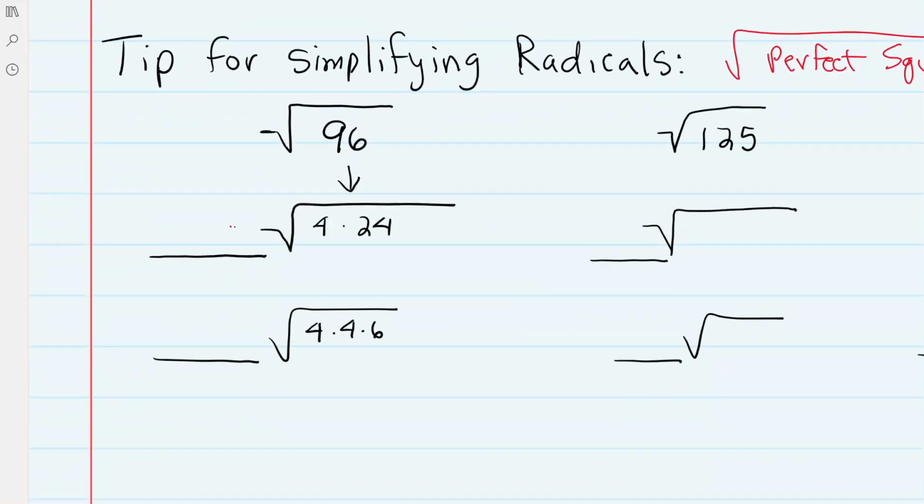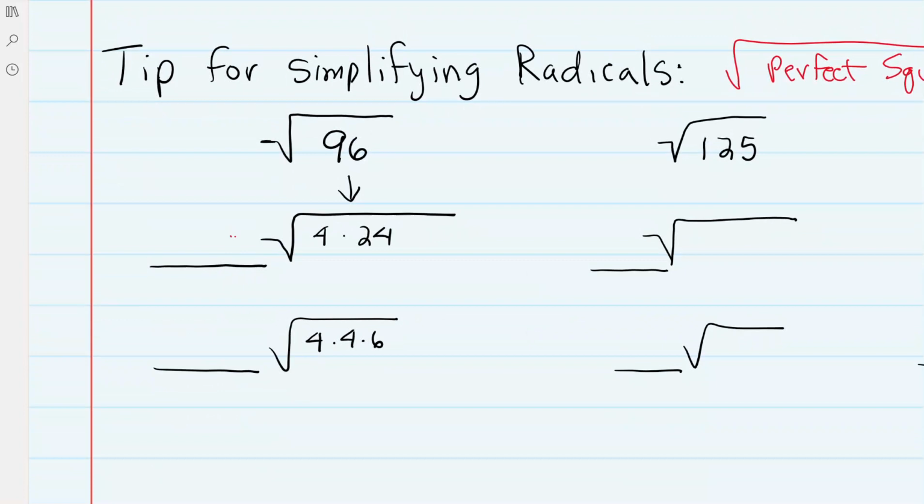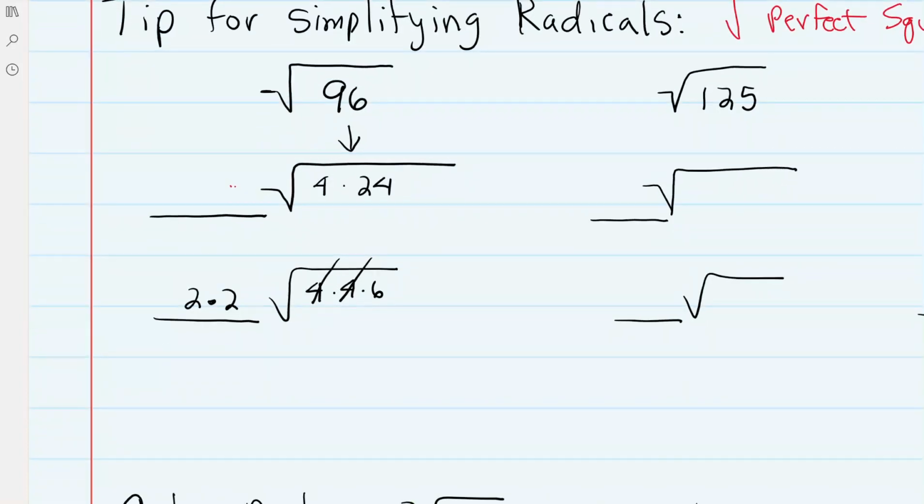And look at what you have now. 6 does not simplify further, but 4 is a perfect square. The square root of 4 is 2. The square root of this 4 is 2. And when the roots pull out, then that becomes multiplication. So now the square root of 96 is equivalent to 2 times 2, which is 4, and then what's left in the radical: 4 times the square root of 6.